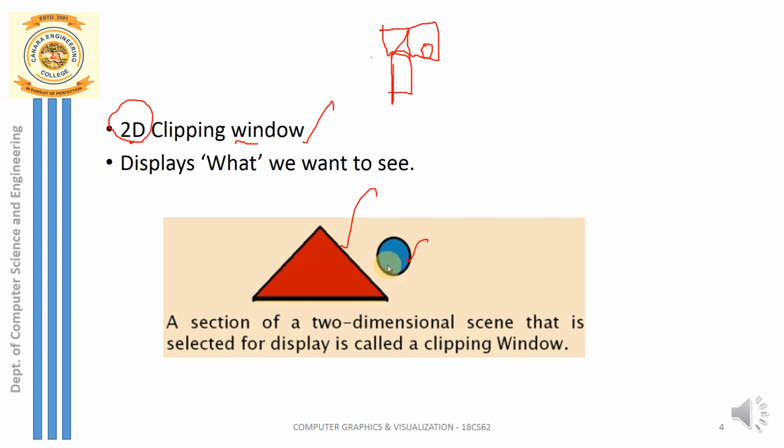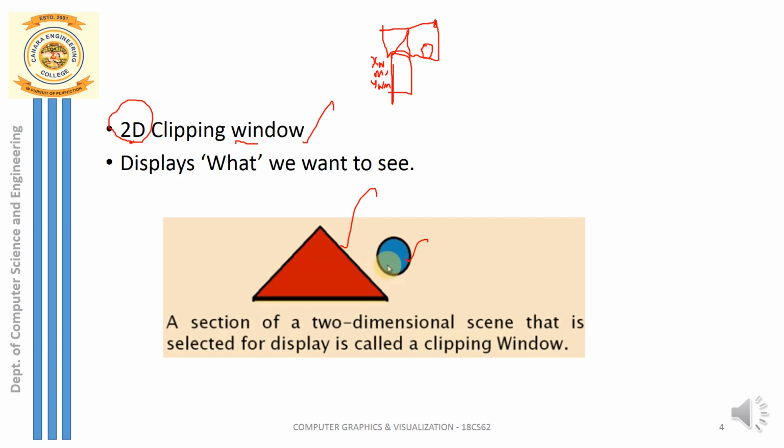I can call these XW, where W stands for window, so clipping window. So XW minimum and YW minimum indicate the minimum boundary of the clipping window. Similarly, XW maximum and YW maximum indicate the maximum boundary, or upper limit, of this clipping rectangle.